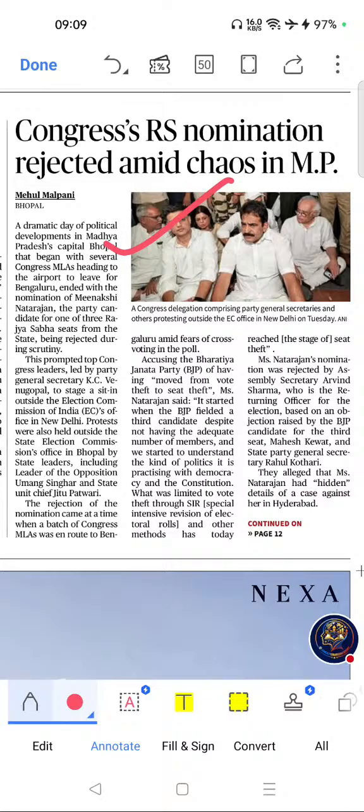Rajya Sabha elections are frequently asked in UPSC polity. Returning officers' powers and nomination scrutiny are important constitutional processes. Cross-voting and anti-defection issues remain relevant in Indian politics.